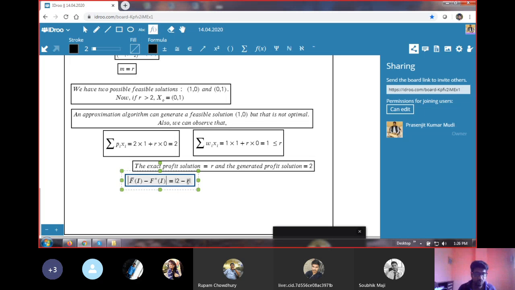The modulus of r minus 2, if r is greater than 2, can be written as r minus 2 because of the absolute function. And r minus 2 is greater than 0, as r is greater than 2.